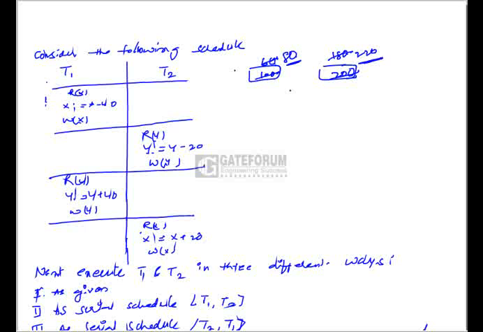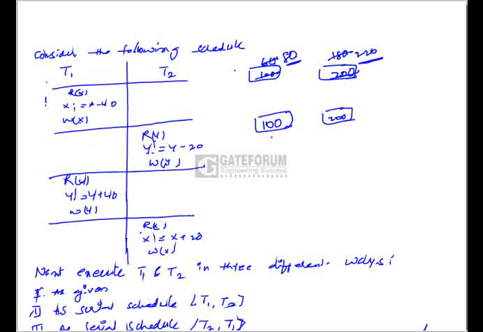Now if we execute transaction T1 and then transaction T2, what will be the X and Y values? Let us see this second way. The initial values are 100 and 200. Let us execute transaction T1 first.